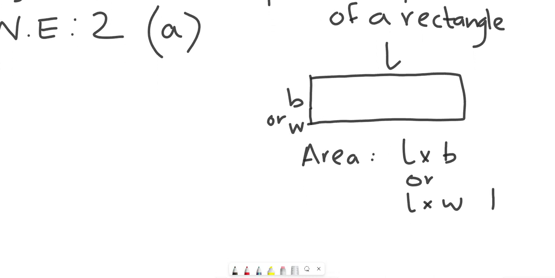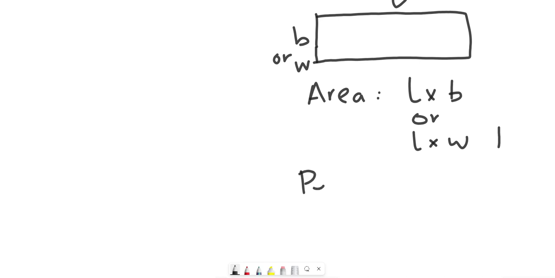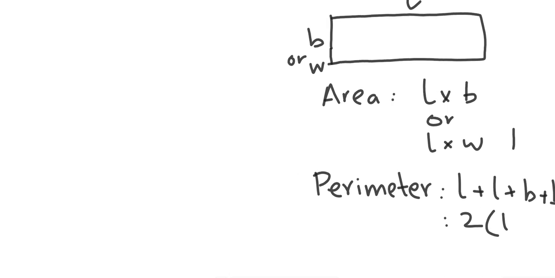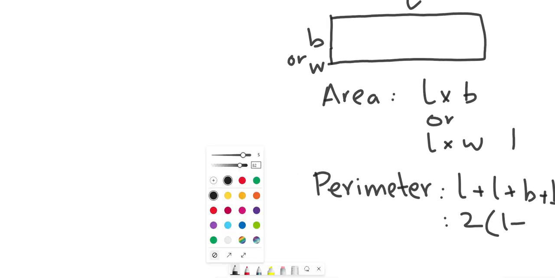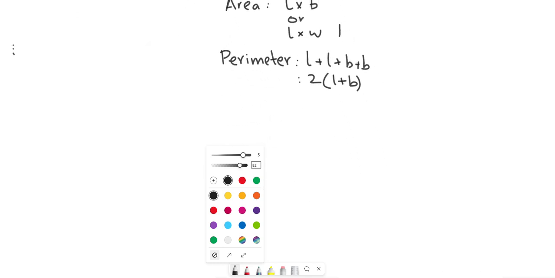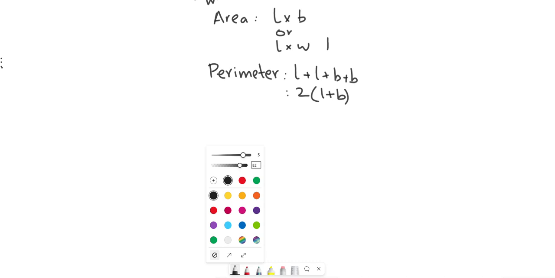And perimeter means what? You are going to add all the sides. That means L plus B plus L plus B, which can also simply be written as 2 into L plus B. Okay, so this is our small recollection of area and perimeter of any shape.